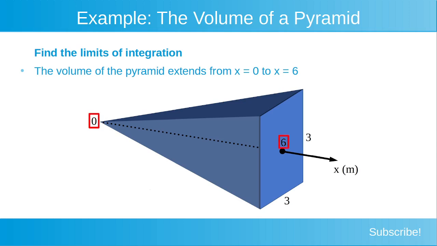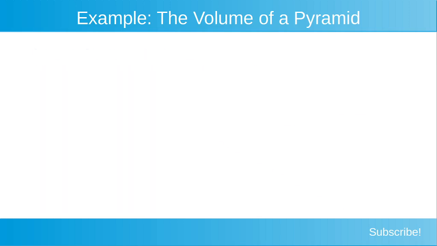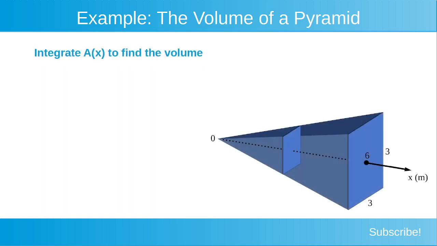So our lower limit of integration, a, is going to be equal to 0, and our upper limit of integration, b, is going to be equal to 6. So now we have our final step. We want to integrate our function A of x over those limits to find the volume.